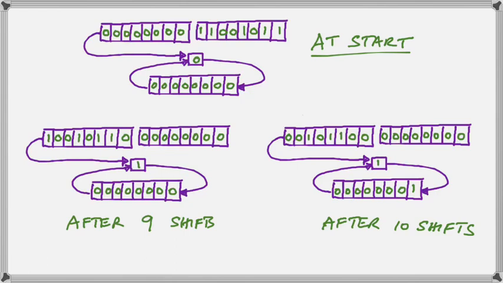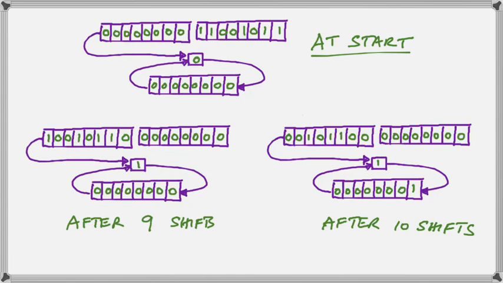And after 10 shifts, another bit has come out of the H register and gone into the carry, and what was in the carry before has gone into the A register, which is at the bottom.